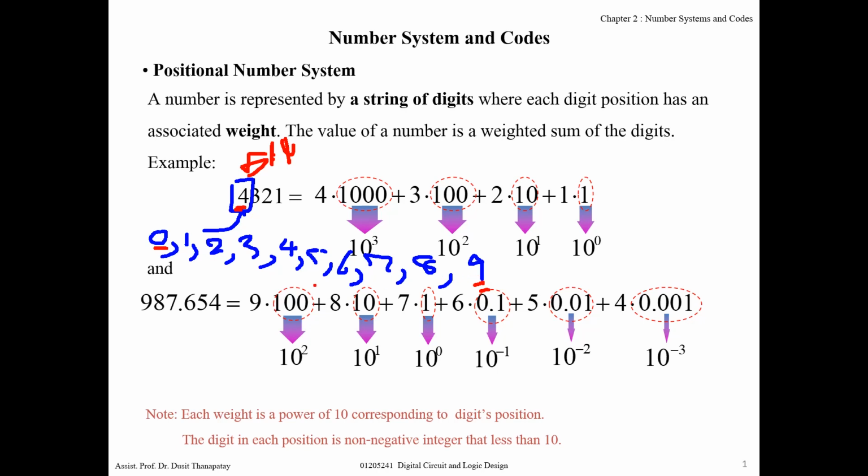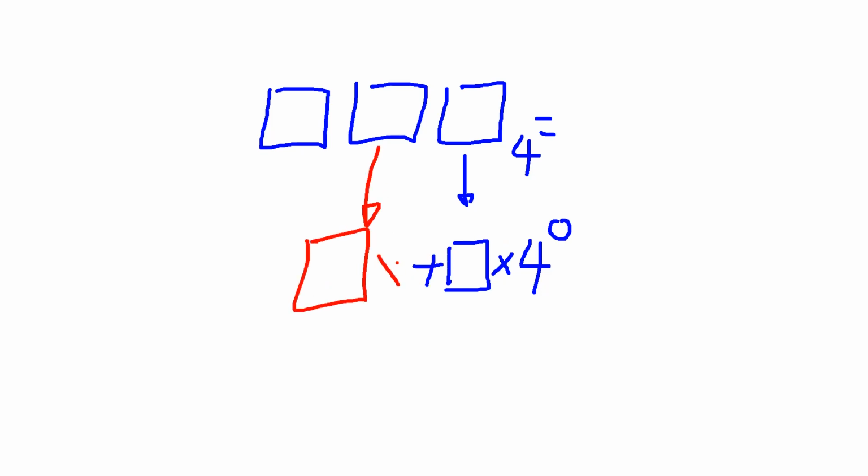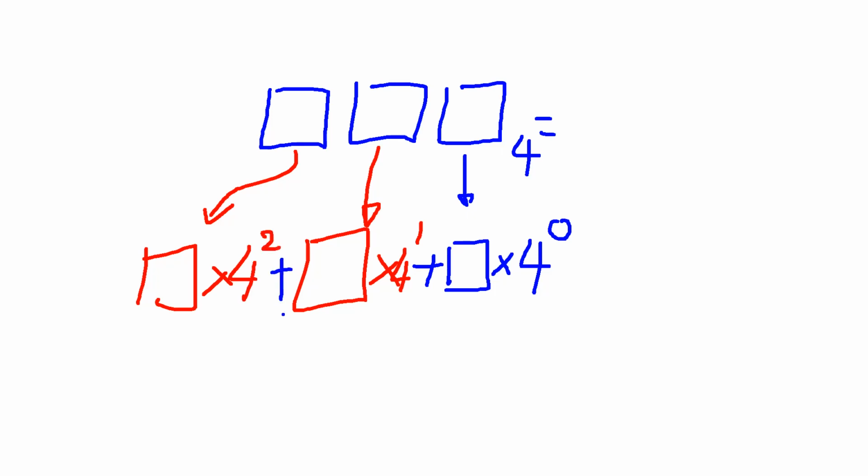Now how about Radix 4? For a Radix 4 number, you can write it as the digit multiplied by 4 to the power of 0, plus the digit multiplied by 4 to the power of 1, plus the digit multiplied by 4 to the power of 2, and add them together.